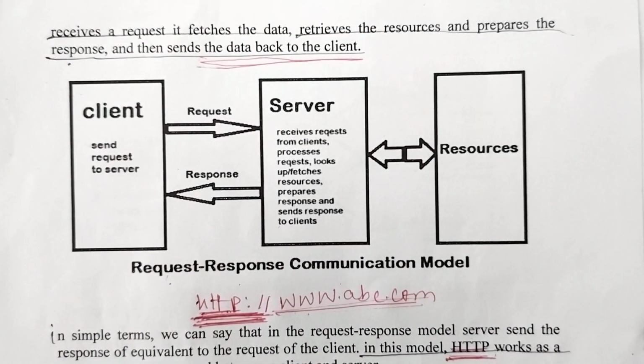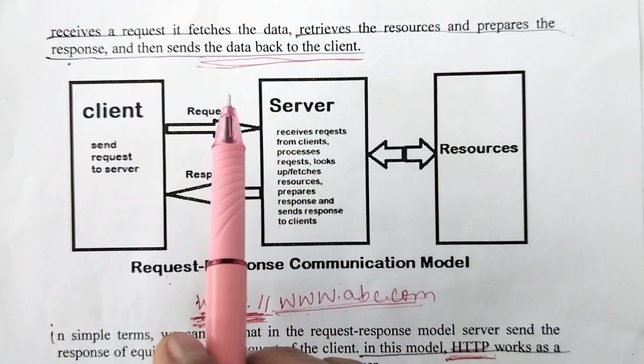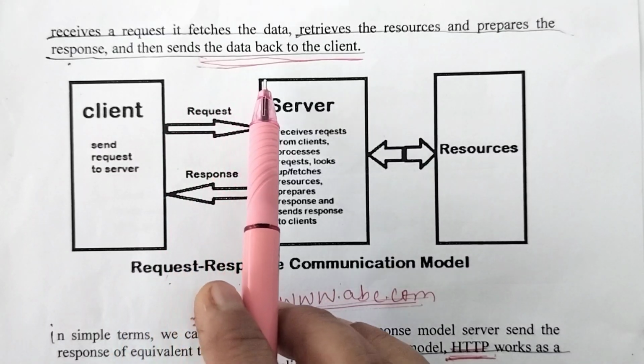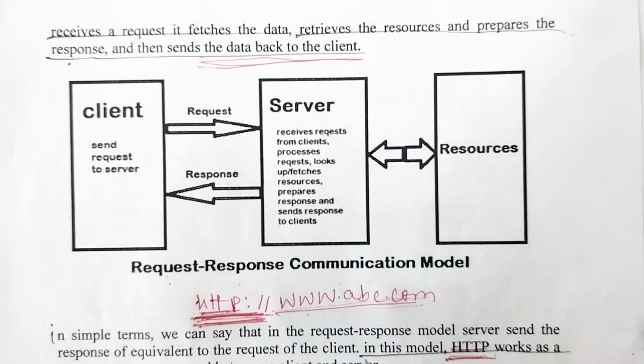Whenever the server receives the request from the client side, it will fetch the data from its repository or database, prepare the response, and once the response is ready, it will send the data back to the client. Now you know in the internet all the data is stored in a database which is a server, right?